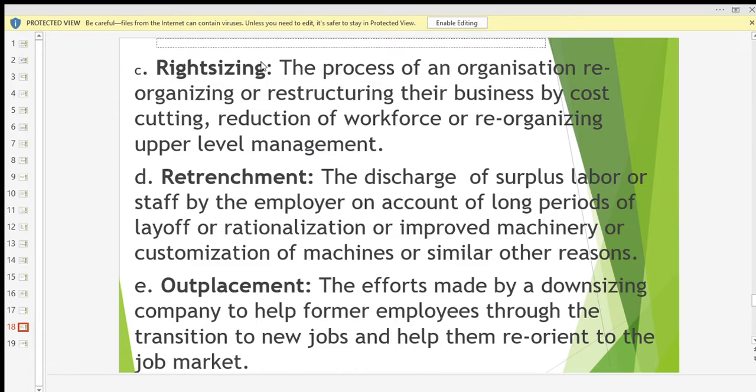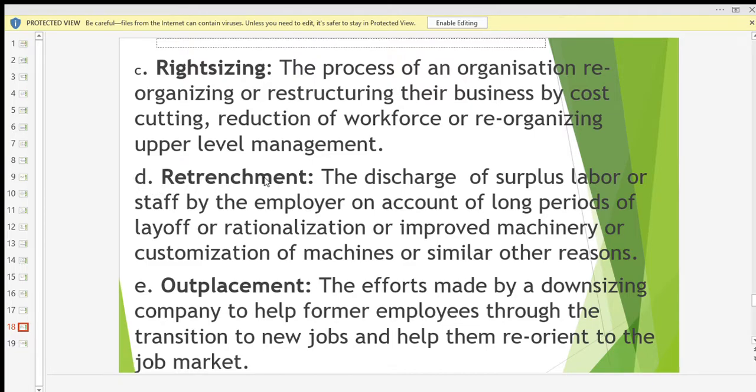Here the organization changes its structure, for example, when it wants to reduce the operating costs of the business, or when they want to reduce the number of workers in the organization. They want to right size the organization and have the right number of employees that they are supposed to have. So it is also another form of involuntary separation.